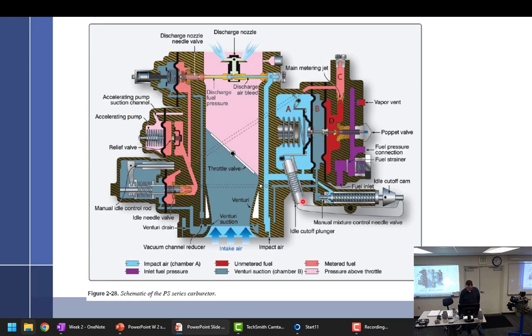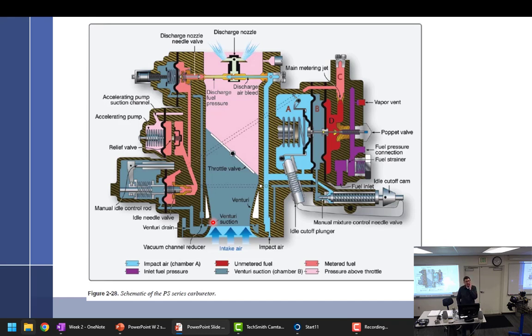Fuel flows from D past the metering jet to the idle needle valve. What's special about the idle needle valve? There are some cases where it would be at a separate section of the engine and you would have a different needle for your idle needle valve.